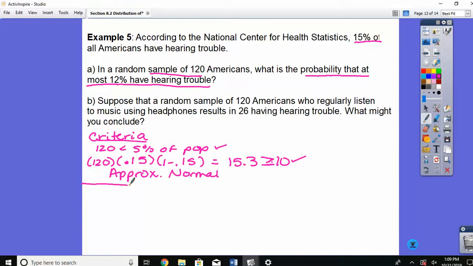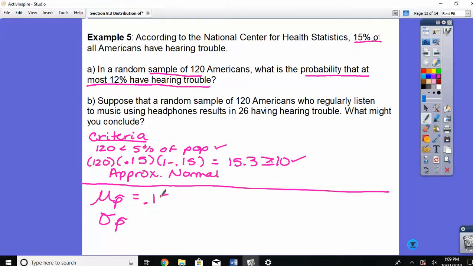Now, before I'm going to be able to use my Z's, I need my mean and standard deviation for p hat. The mean of p hat is just p, which is 0.15. Standard deviation is the square root of p times 1 minus p over n, my n is 120.